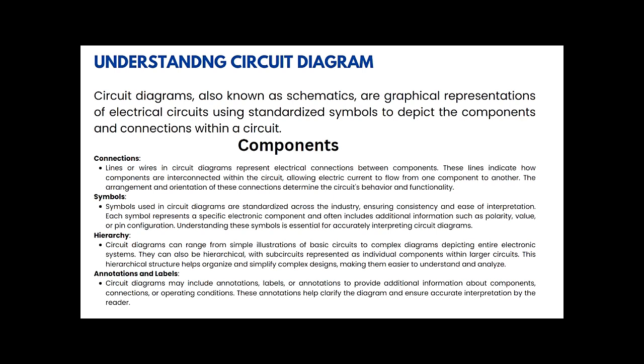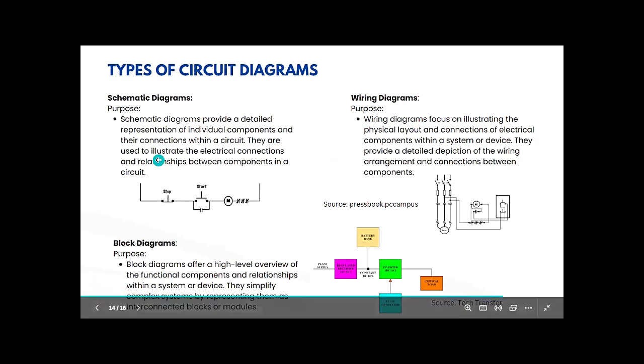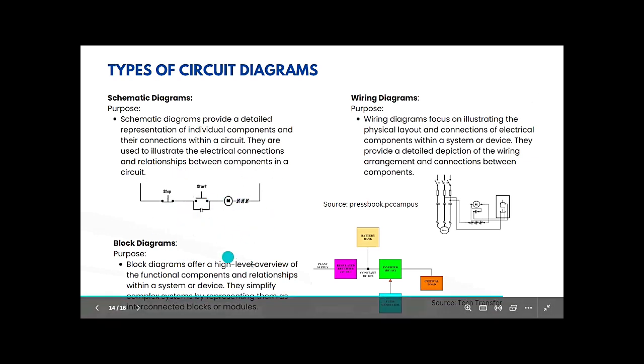So looking at other stuff, here are the types of circuit diagrams. There are different types: schematic diagrams, wiring diagrams, and block diagrams. A schematic diagram provides a detailed representation of each component in the circuit and how they are connected within the circuit.